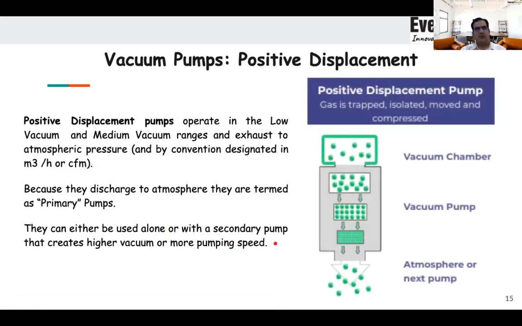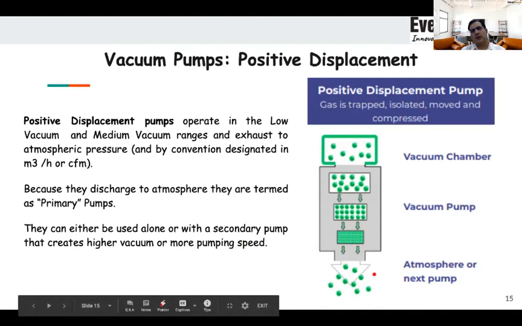In positive displacement pumps, gas is trapped in the evacuation chamber, and you have a multi-stage pump. The first pump does some compression as compared to the gas chamber and sends it to the second pump. The second pump further compresses the molecules and sends them to the backup pump. The backup pump, or the primary pump, will do its own compression and discharge out into the atmosphere.